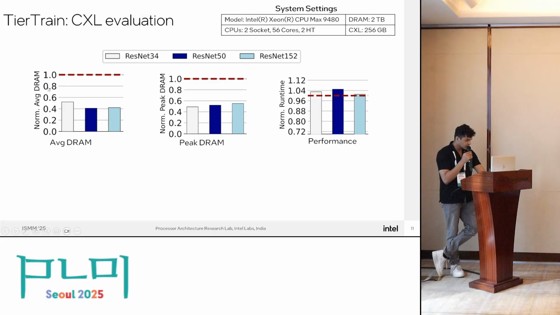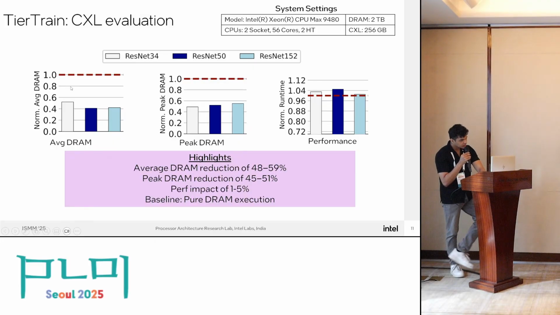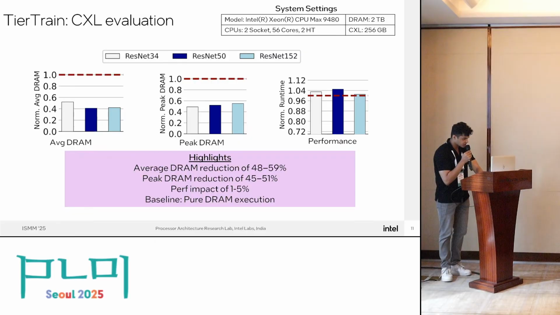We notice that on average the DRAM reduction is about 48 to 59%, with the baseline being execution in pure DRAM. The highlighted line here is the pure DRAM number, and there's very minimal performance impact, about 1 to 5%, because most of the data is being prefetched back in time.